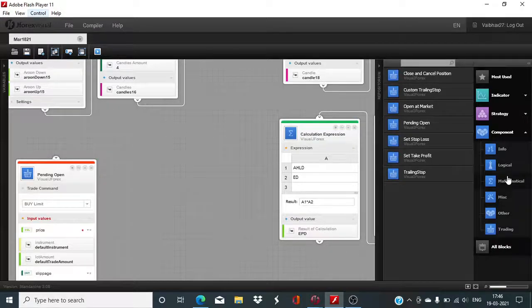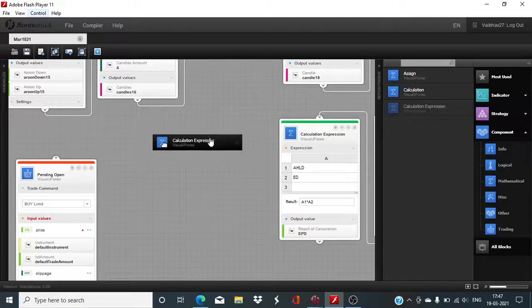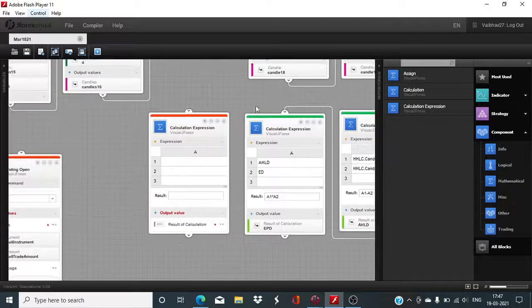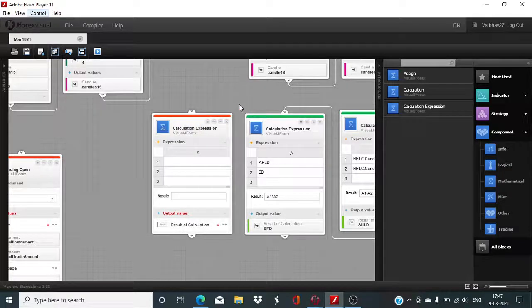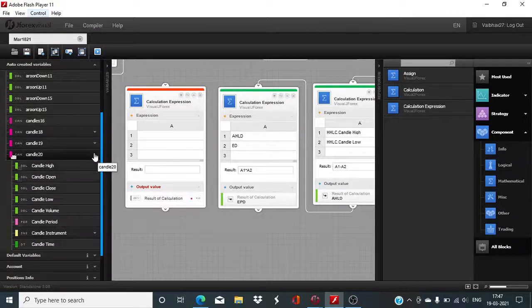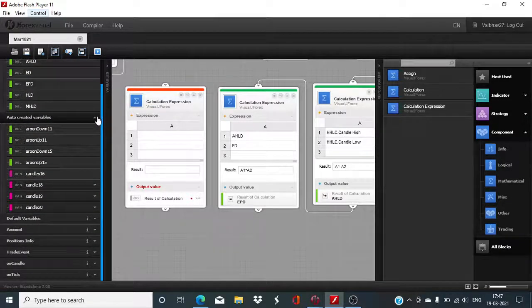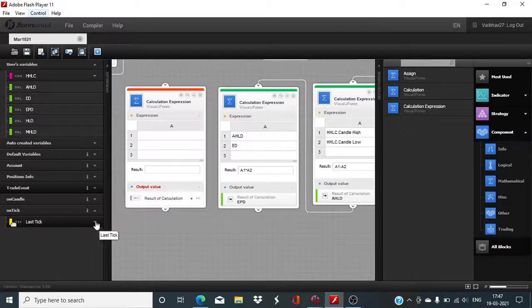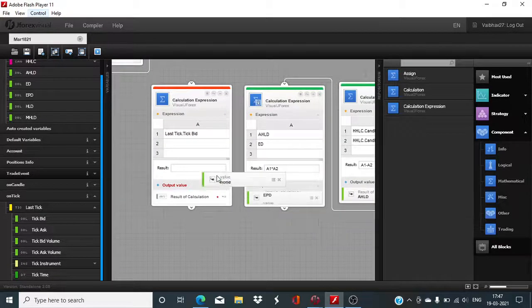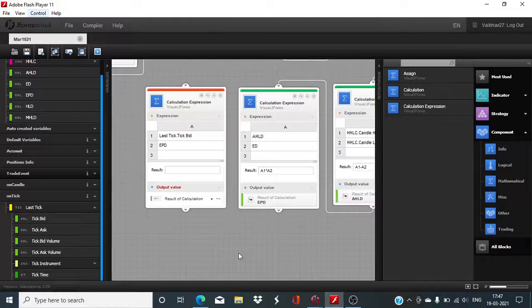For that, I will take one more calculation expression. And here is this. We will take on tick, last tick. You can take tick period or tick ask. Let us take tick period and deduct this 25% of the difference of high low of last 4 hours.